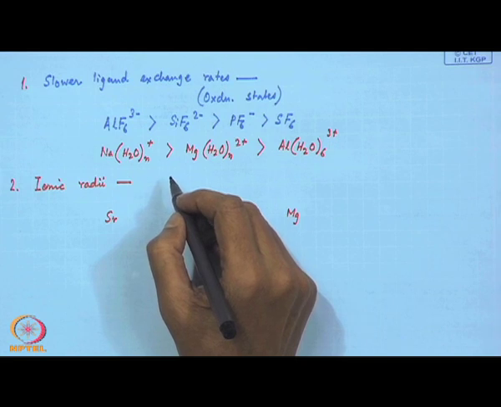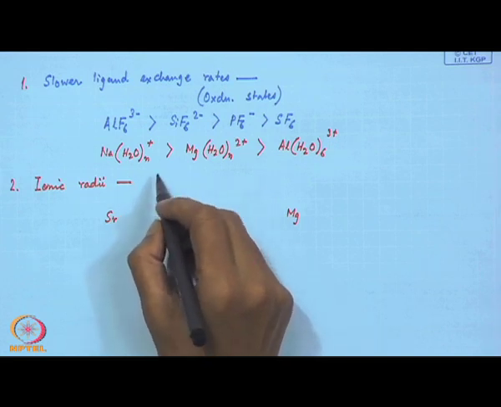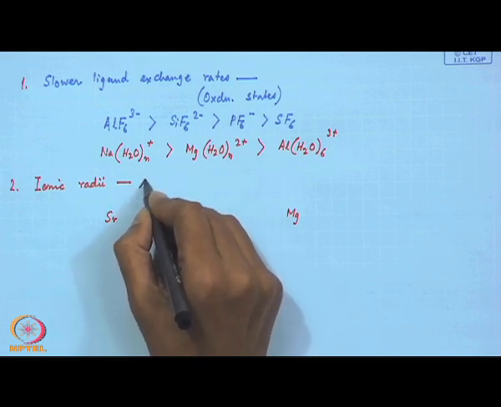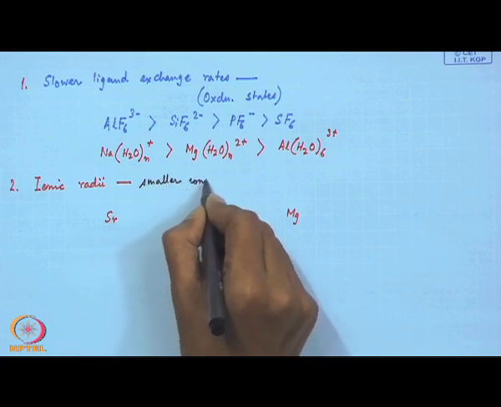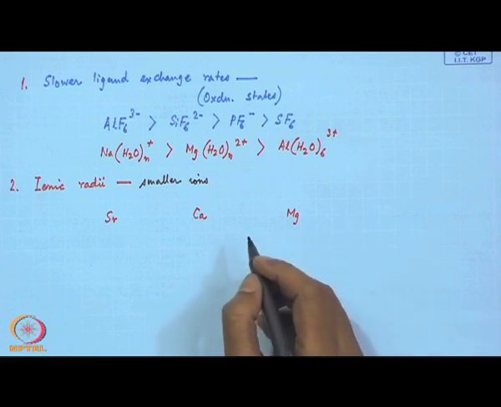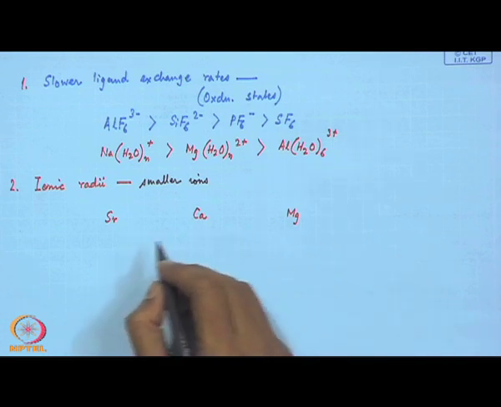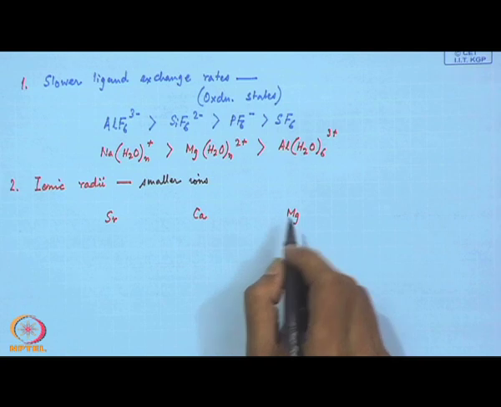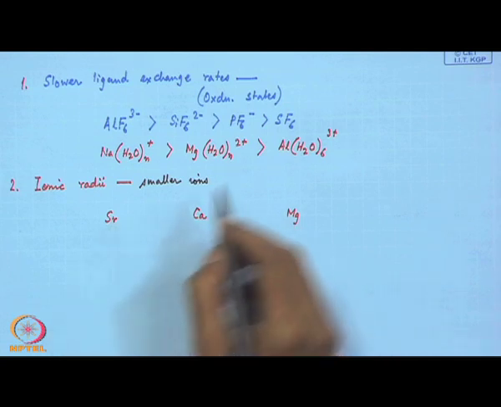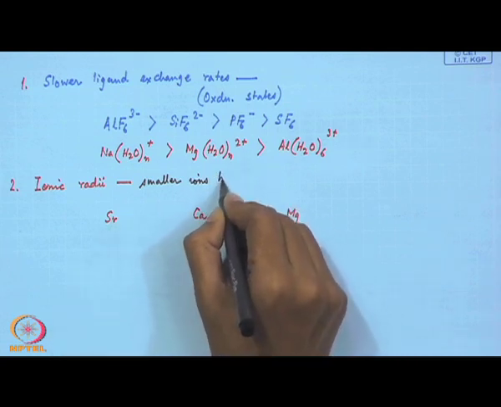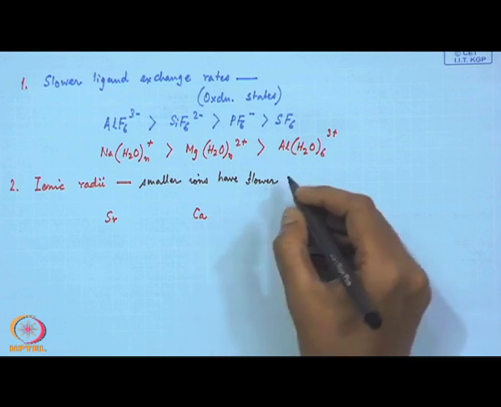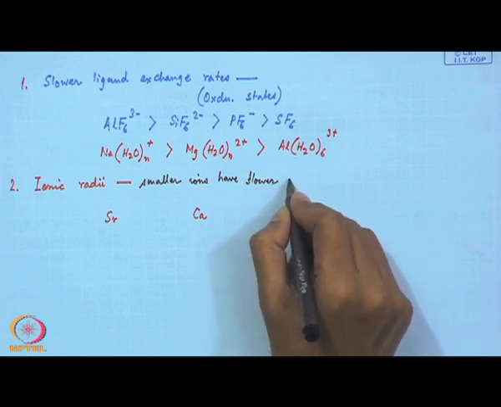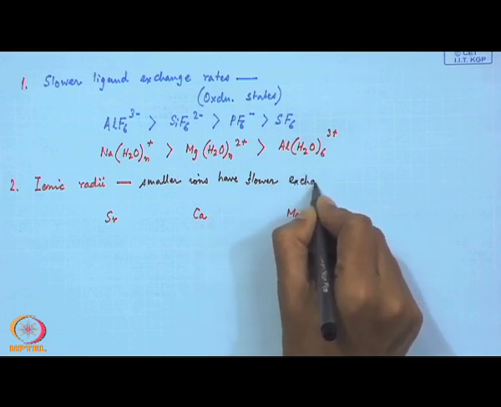If we consider the corresponding rate for this exchange reaction, those ions which are smaller, that means magnesium is smaller than calcium than strontium, have slower exchange rates.